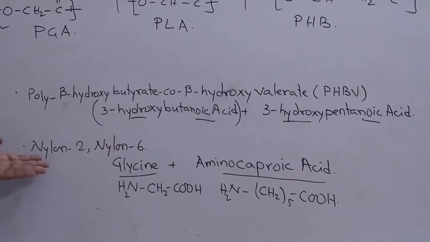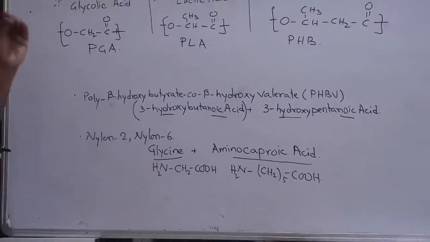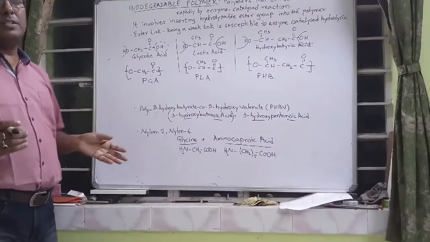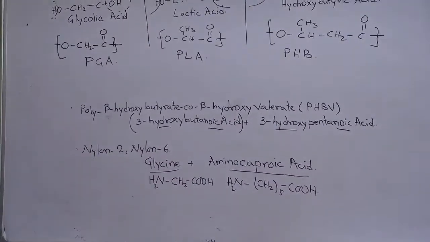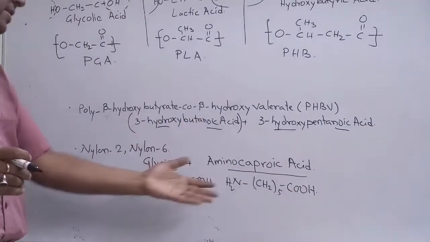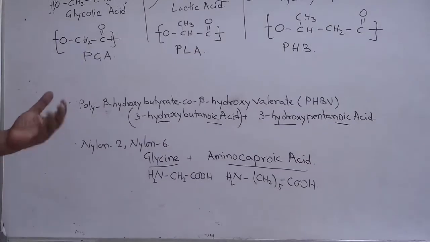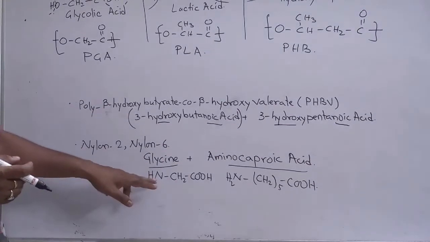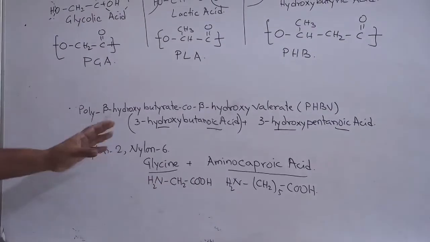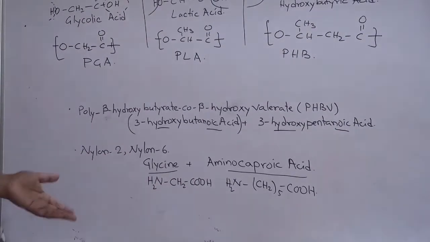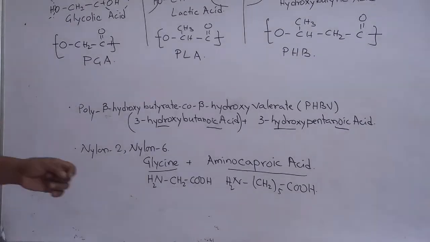We have another polymer, nylon 2,nylon 6, which is extremely important because it is obtained naturally. This glycine is obtained naturally. Aminocaproic acid also occurs naturally. We are getting it from the animals. So here you see NH2CH2COOH, and this is nothing but an amino acid, the kind of amino acid which you will be learning very soon.